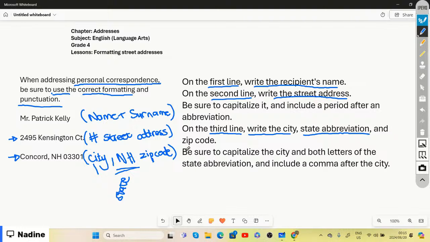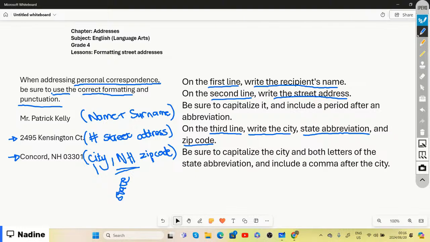And then lastly, still on the third line, we're going to write our zip code. And the zip code is important, right? Because, like I made mention, there might be quite a few Kensington roads, Kensington streets, Kensington avenues, within, let's say, your country or your state, or within your province.